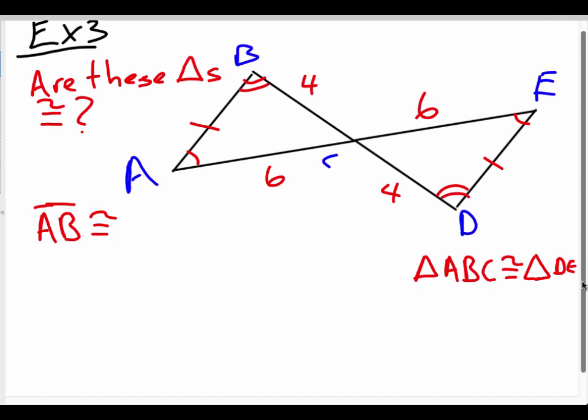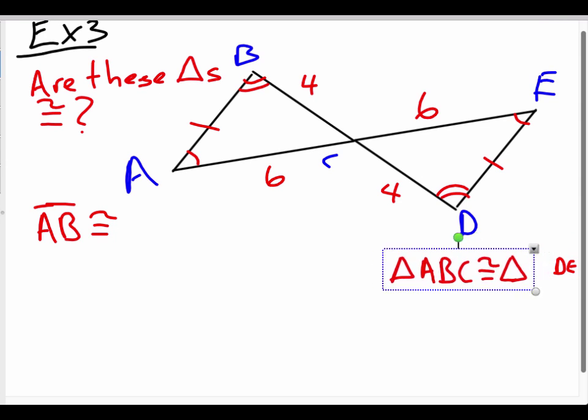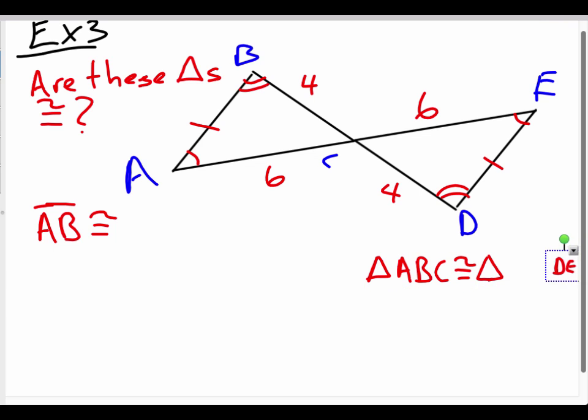Oh, shoot, ran out of room there. DEC, right? Because C would correspond with C, right? Okay, so AB should correspond to DE, does it? Yes. We know it does because we have these little hash marks, right?